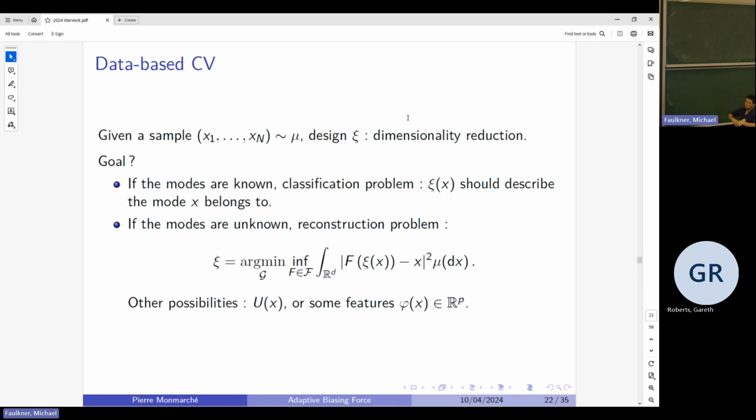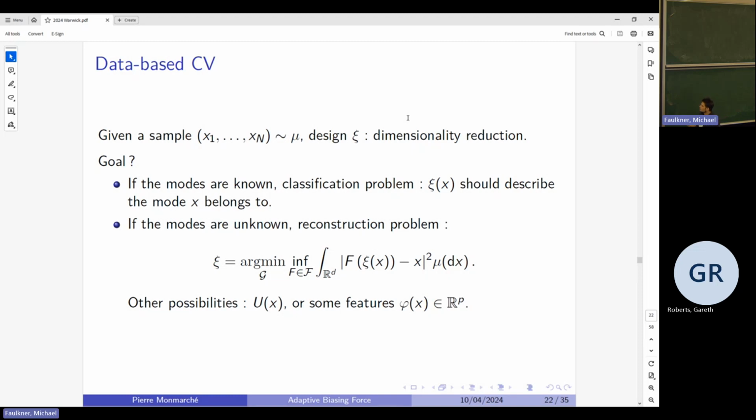So you have some descriptors of your state, which are not necessarily the Cartesian coordinates, but that you already know are good.